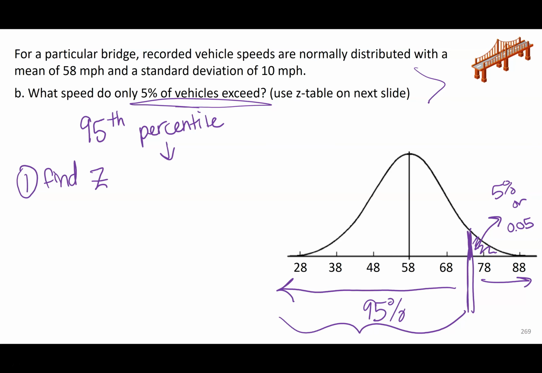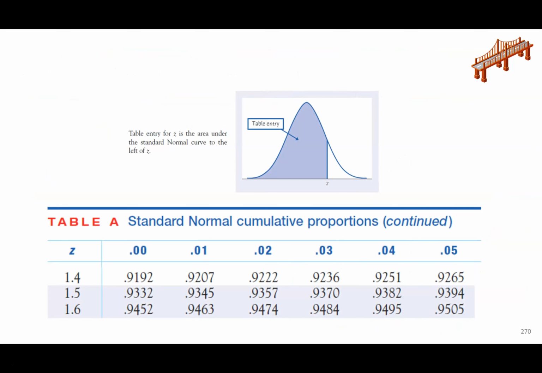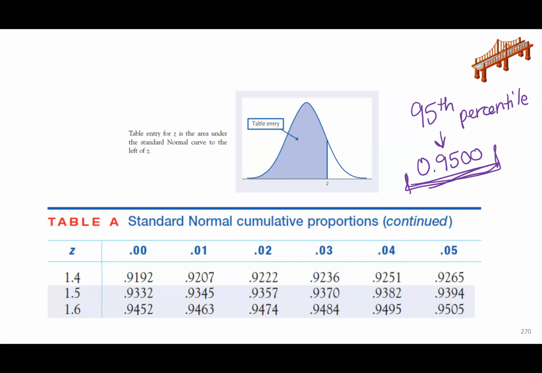If we want the 95th percentile, we want as close to 0.95 as we can get. You'll notice that 0.95 is above 50%, so I'm going to be using the positive z-table.